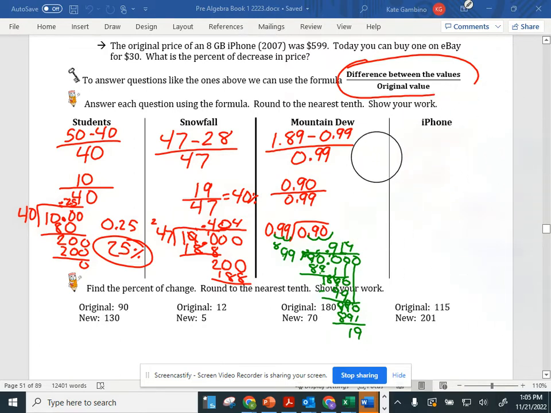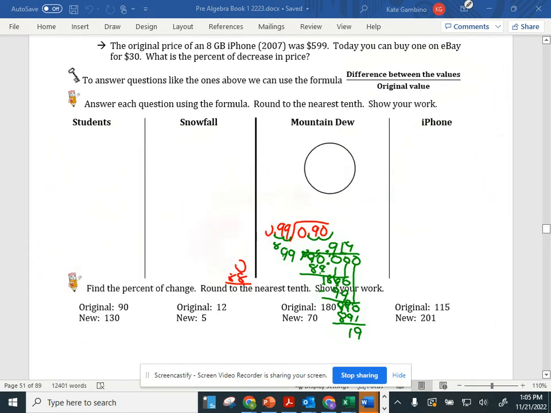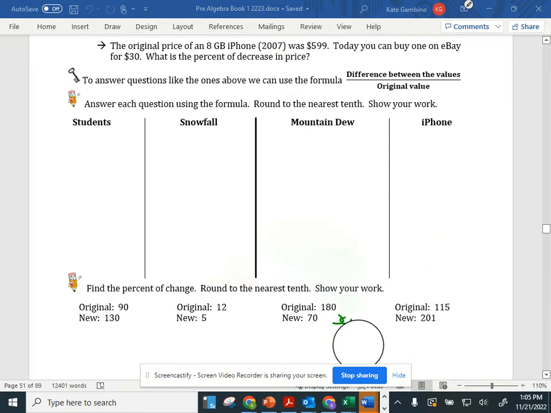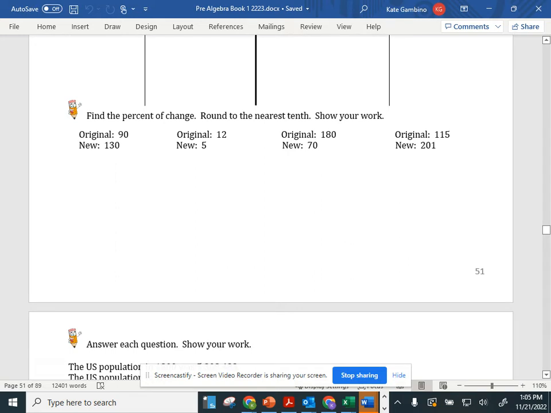So let me scroll up so we can see what our work is. Let's look at this first one. Find the percent of change. Round to the nearest 10. This time we don't have to go to the 100th, we're just rounding to the nearest 10.